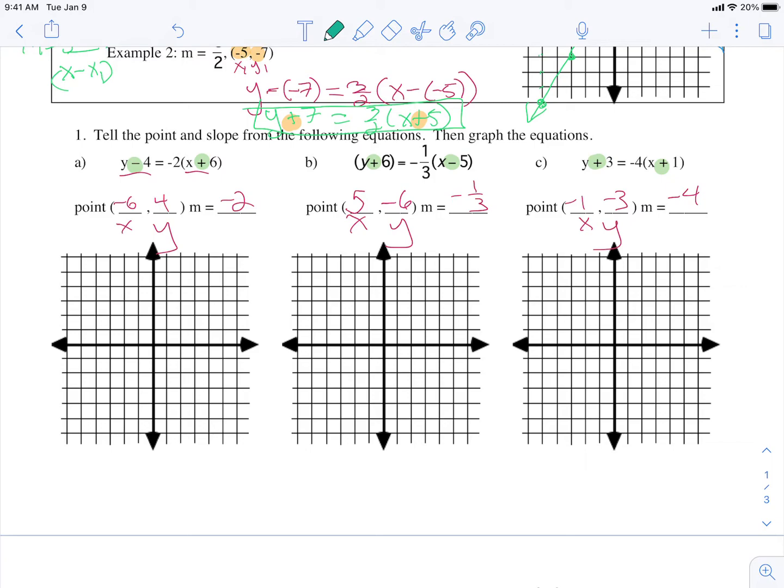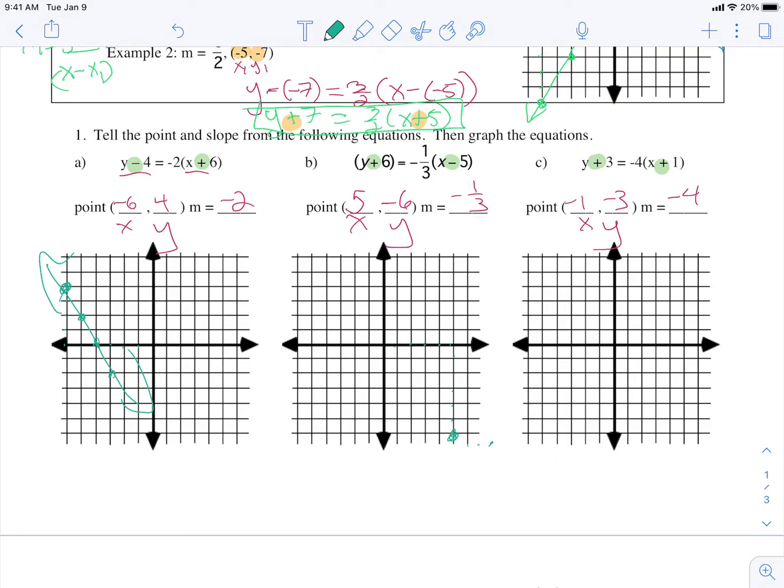Okay, now we're going to plot. So -6, 4: 1, 2, 3, 4, 5, 6, then 1, 2, 3, 4. That's my point. Down 2 over 1, down 2 over 1, down 2 over 1, and there's my line. Over here, 5, -6: 1, 2, 3, 4, 5, then 1, 2, 3, 4, 5, 6, and then down 1 over 3 goes off the graph, but that's fine.